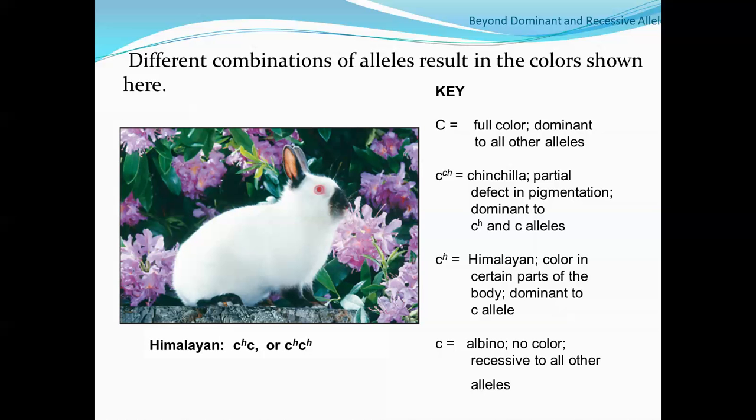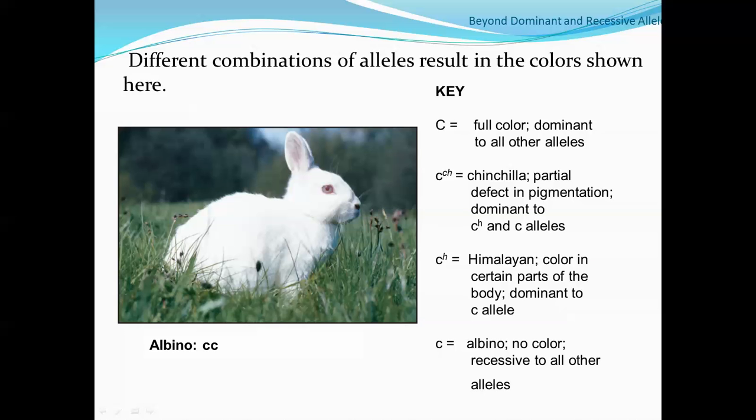Our next one is called Himalayan. This is colored in certain parts of the body. It's not quite albino, because you can see it has colors on its nose and its ears and its feet. And our last one, albino, is solid white, and that is when we have two little c's, and that's the one that's recessive to all others. So that's what multiple alleles is.